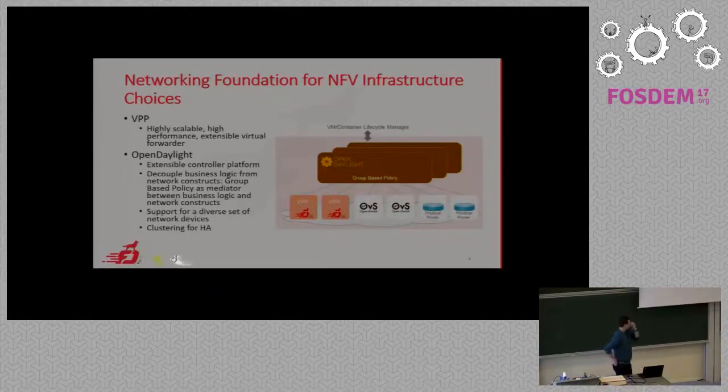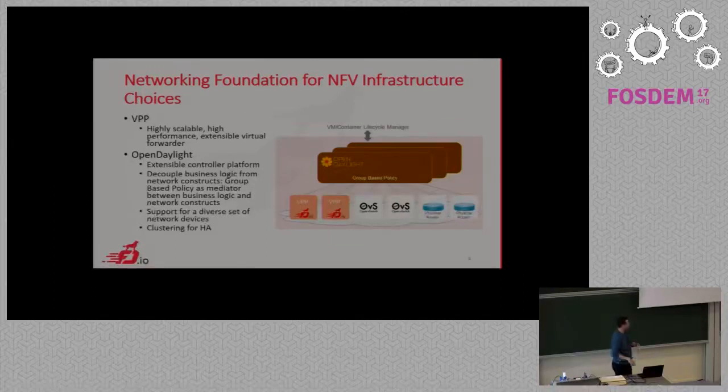Okay, so there's Open Daylight. It's been discussed before. We use that for configuring various underlying network types. We currently work on VPP. We have also done some work on OVS, and physical devices can also be incorporated in our suite.